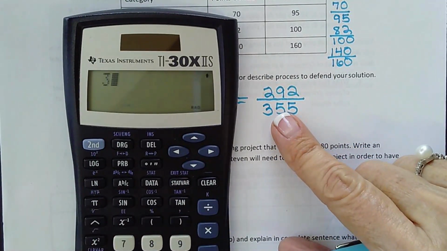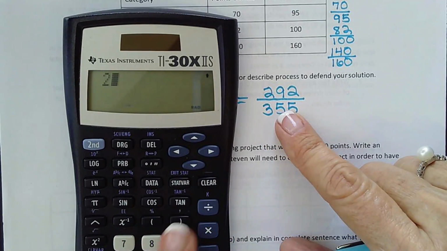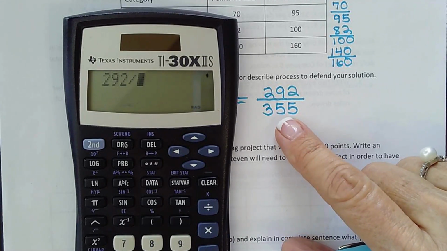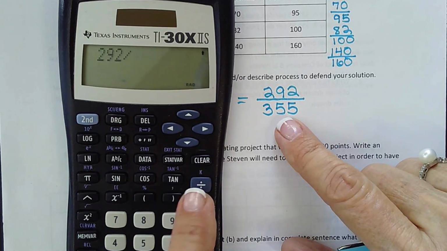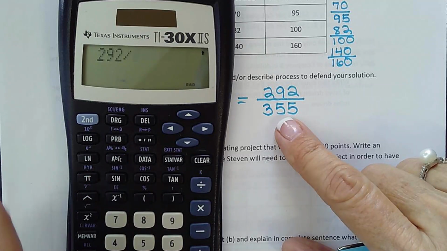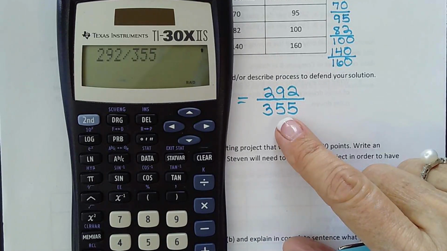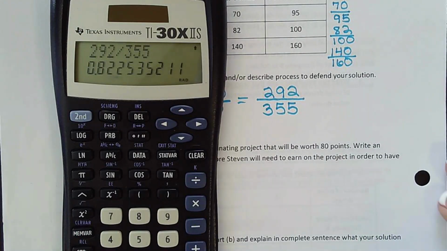So 292 divided by 355, and we don't want to use a fraction bar on this one, we want a decimal. So when we want a decimal, we use the division key. When we want a fraction answer, we use the fraction. Divided by 355, and that gives us 0.82.